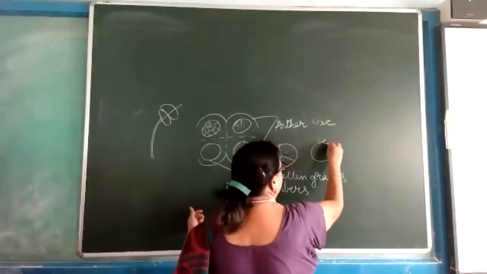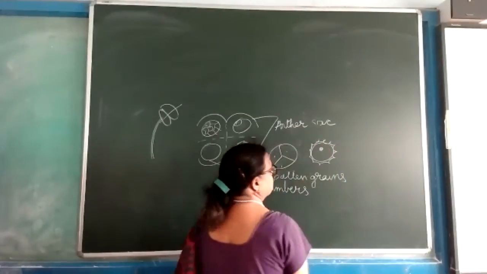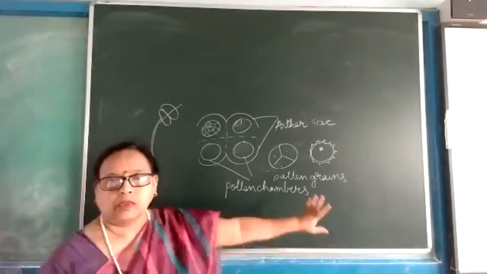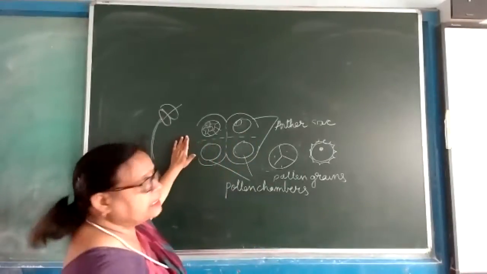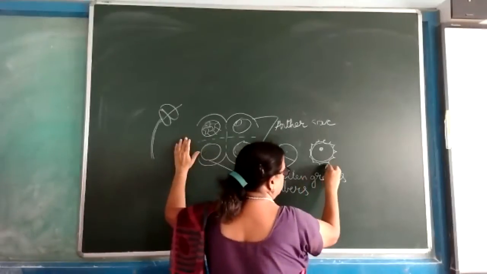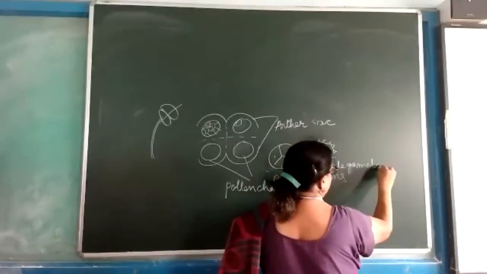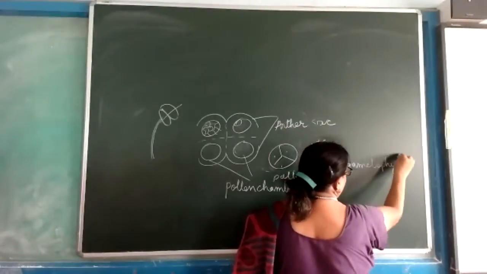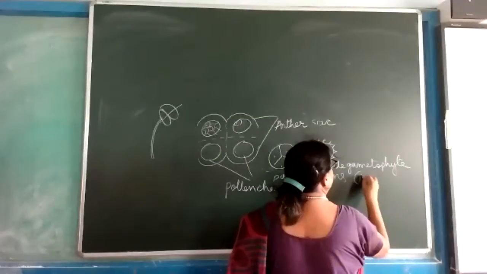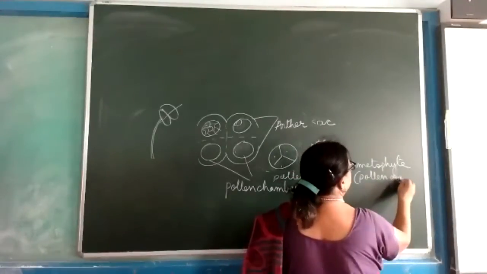They produce the pollen grain. Okay. So this is how the pollen grains produce the male gametophyte. This pollen grain is called the male gametophyte.